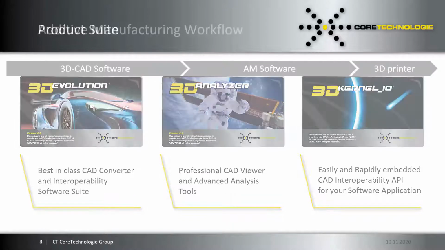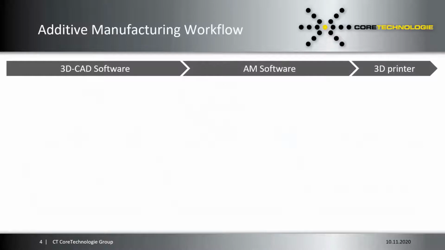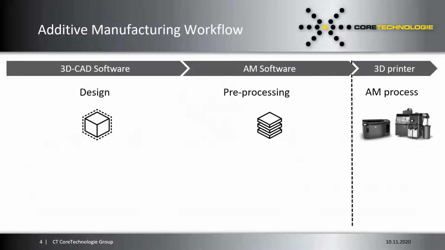Now in this slide, I would like to give you a quick understanding of where these software products can be found. As you know, design, pre-processing, and AM process are the workflow.